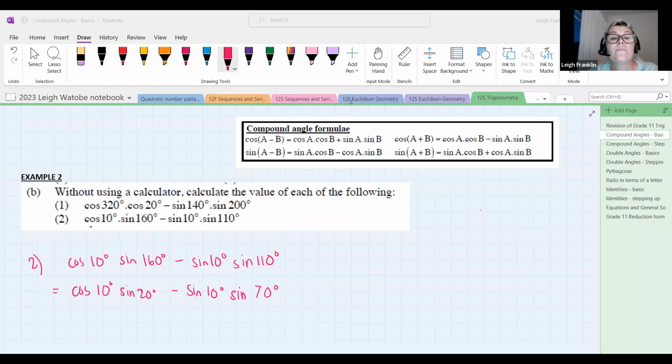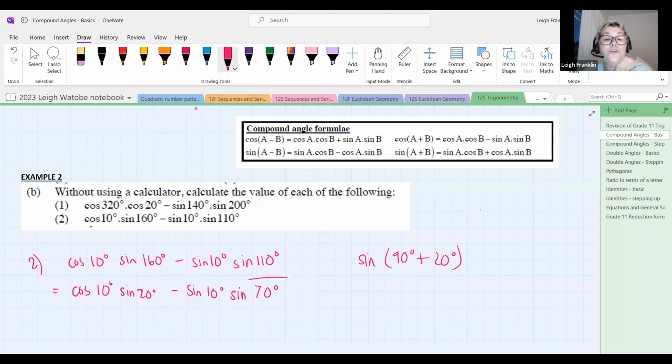Ma'am, why can't you use sine 90 plus 20? You can. Yes, that's an alternative. Sine 90 plus 20, which is sine 110. Absolutely. So that's an alternative way of writing sine 110.